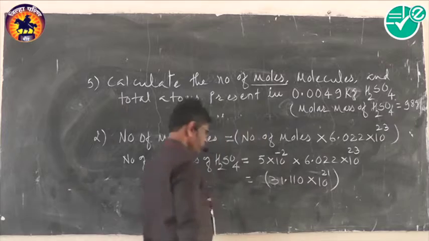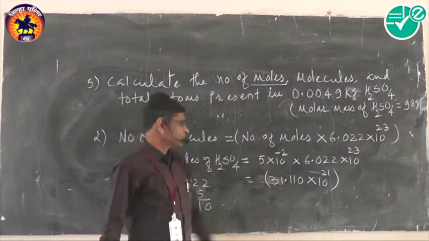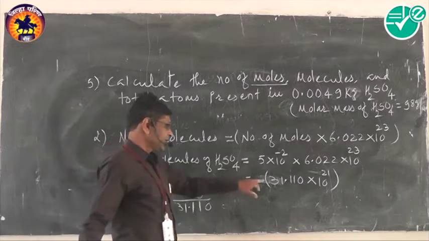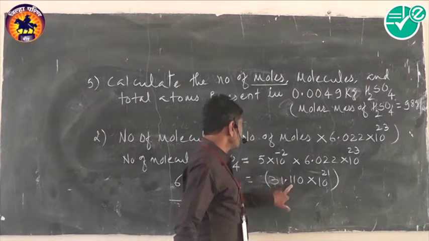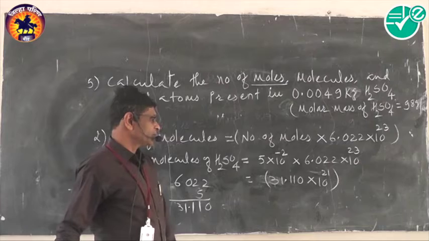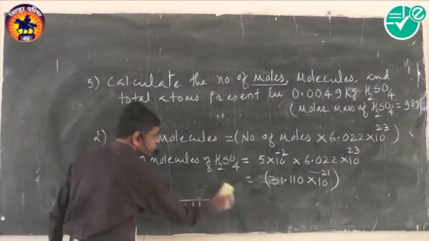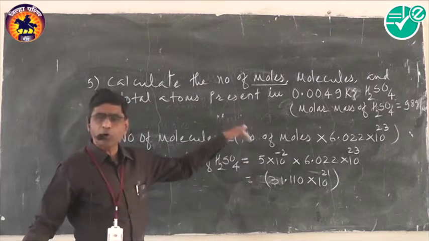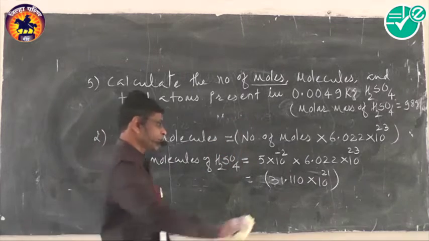And thus remember, the number of molecules present in 0.05 mole sulfuric acid is 31.110 into 10 raised to 21. So these are the molecules present in 0.0049 kilogram sulfuric acid.